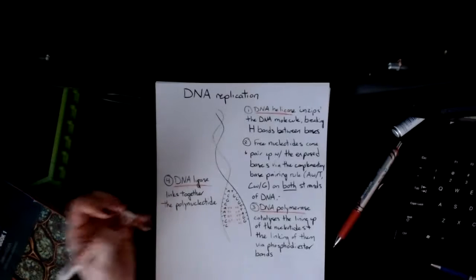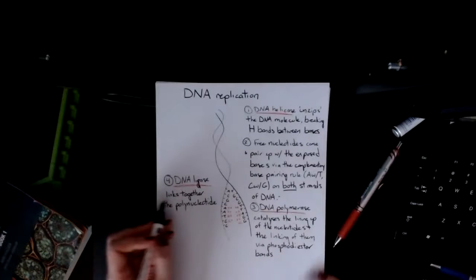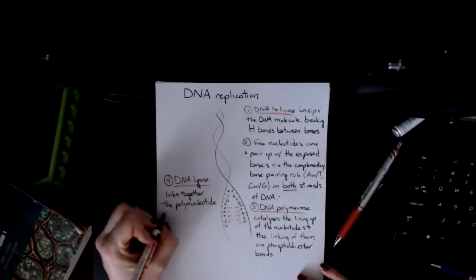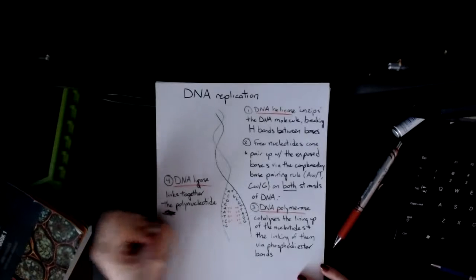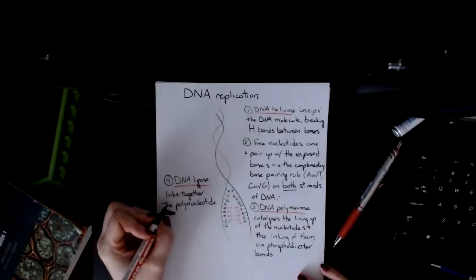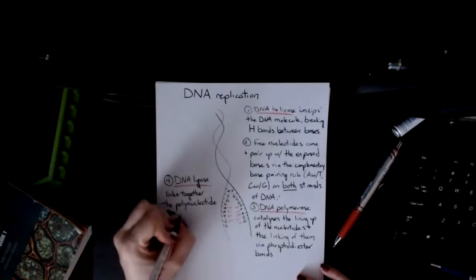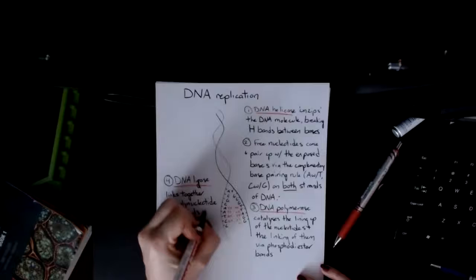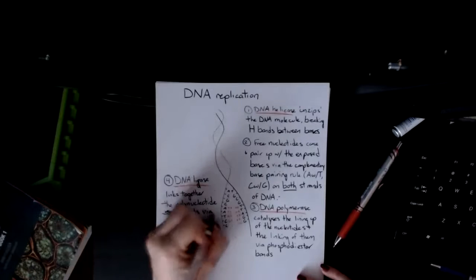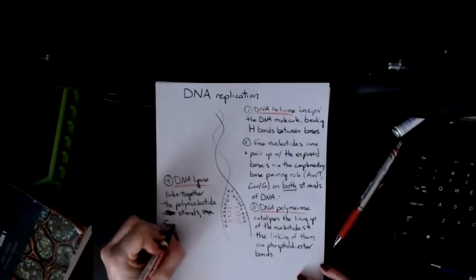I'm being a little more particular on this than the mark schemes need you to be, all right, because of my own background in this. And so the idea is that this links together the polynucleotide, and this is also done forming phosphodiester bonds.